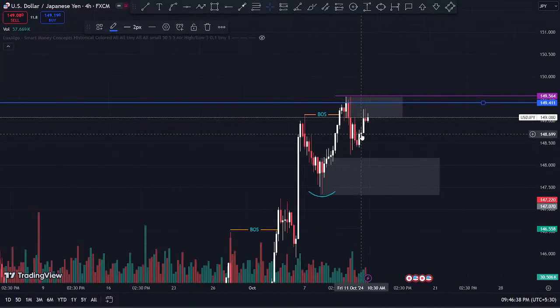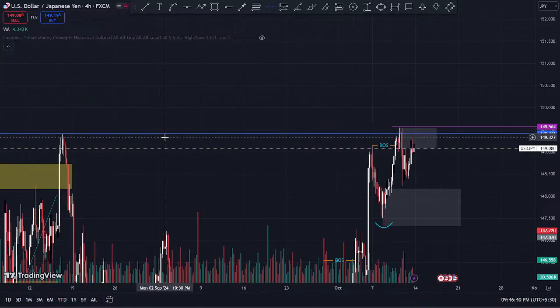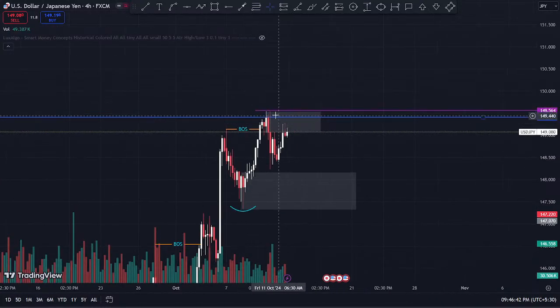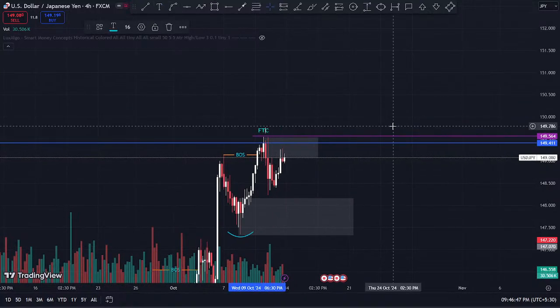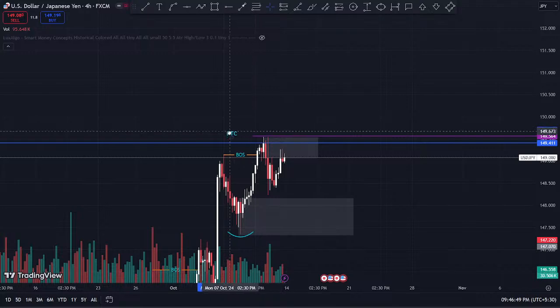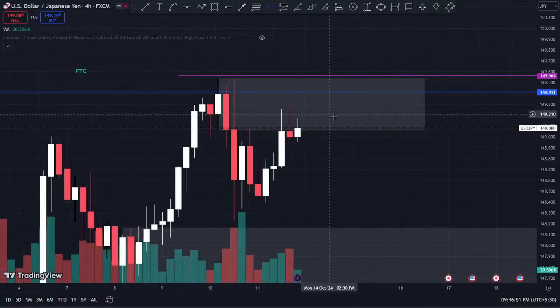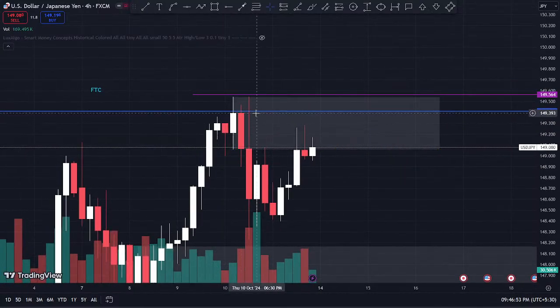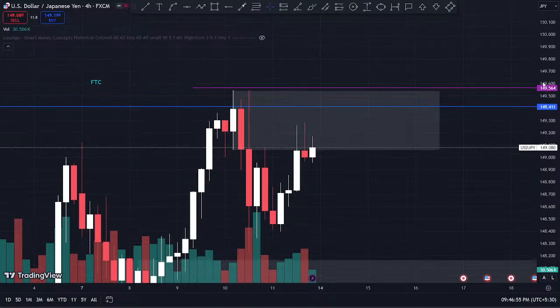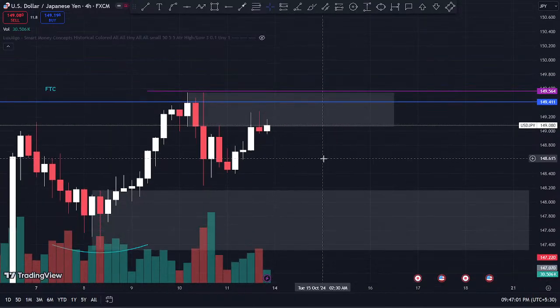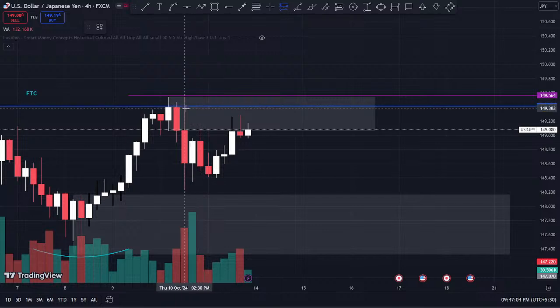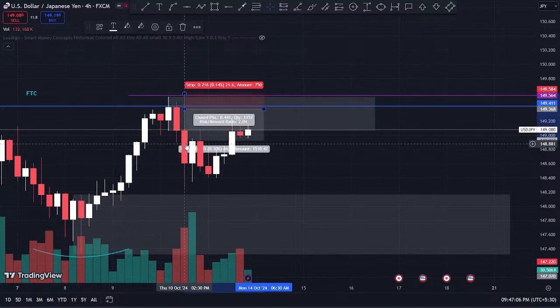This was the point of interest where all the short positions have been executed, because it showed an FTC failed to close. As you can see, the market failed to close above this, but it had broken this, and this was a liquidity sweep, and now all the short positions are active right here.